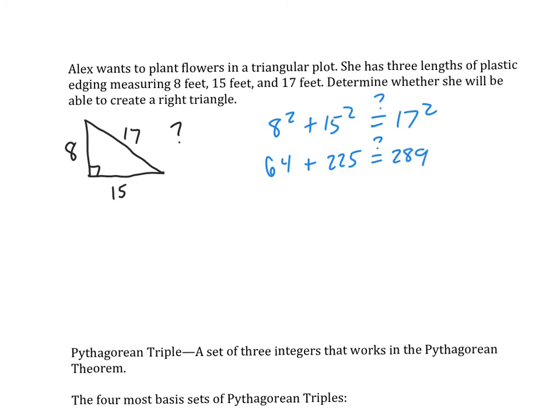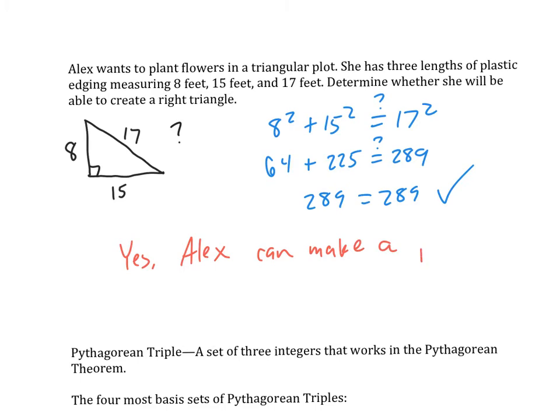Well, let's add 64 plus 225. And that does, in fact, equal 289. So we know that this could make a right triangle. So we can say, yes, Alex can make a plot in the shape of a right triangle.